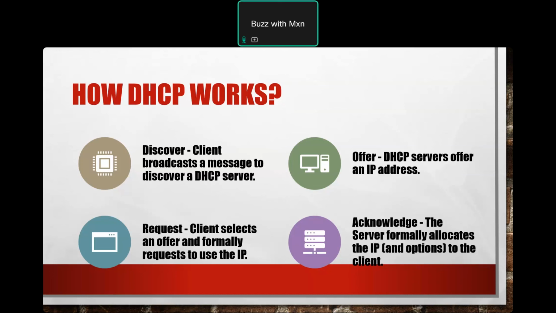For example, the range is from 192.168.1.1 to 192.168.1.50. So there are 50 addresses that can be assigned to the end user which are not currently in use. It picks any of them and offers it to the DHCP client.